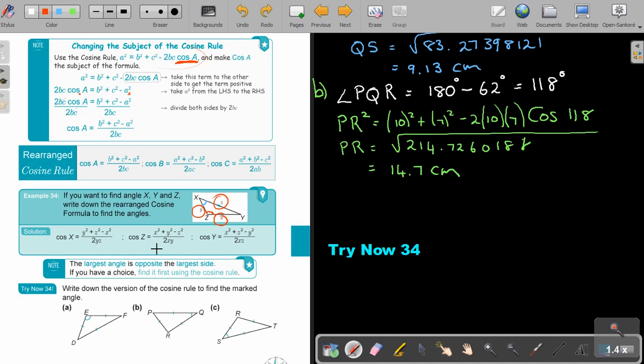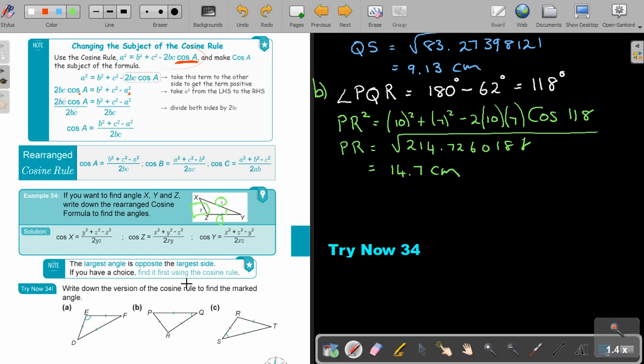Okay, and the last one, maybe we just make a bit of space. So the last one is y. So the 2 around it, so x squared plus z squared minus this one, divided by the 2 that you were adding, just multiply. So the largest angle is opposite the largest side. If you have a choice, find it first using the cosine rule.